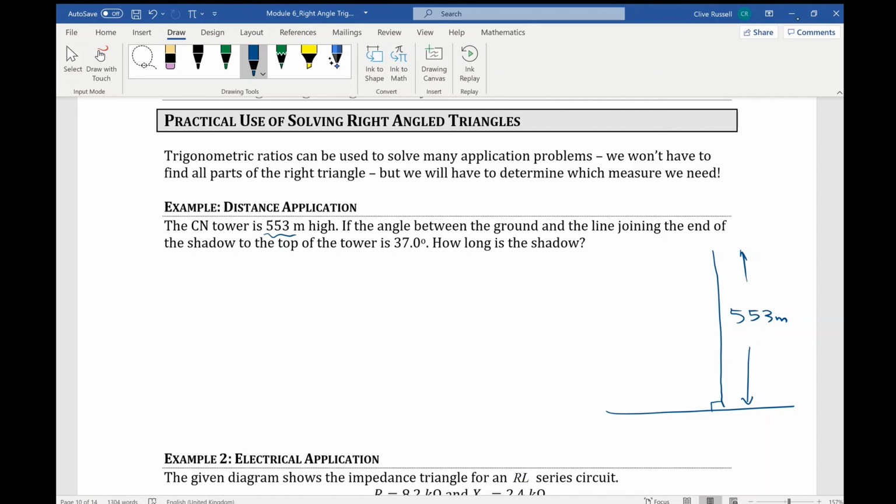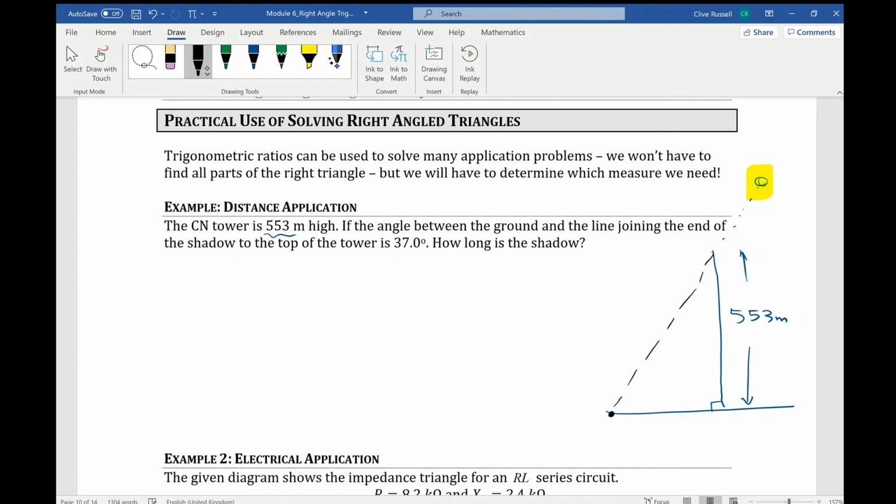So let's assume that the shadow of the CN Tower, so the sun is somewhere there, and it's casting a shadow down. So the shadow now ends right here.